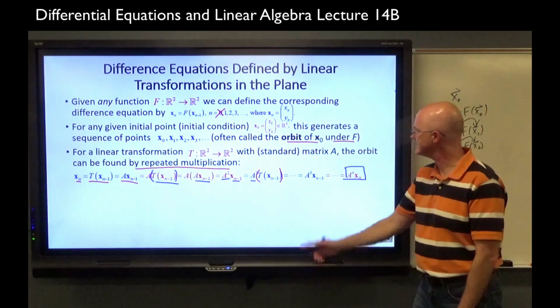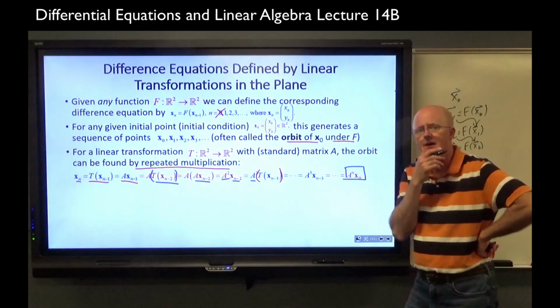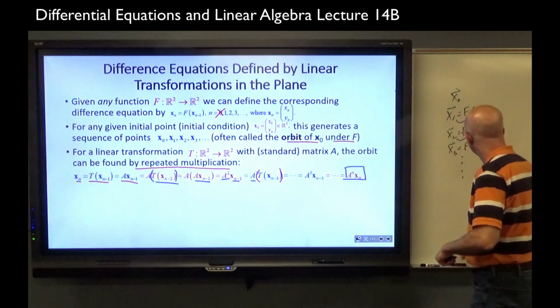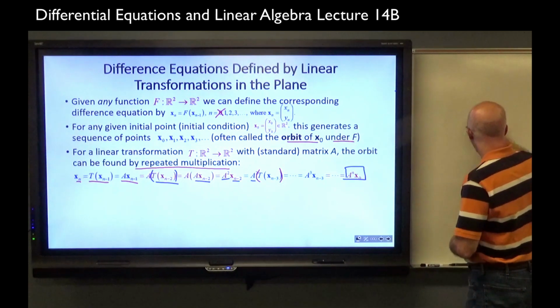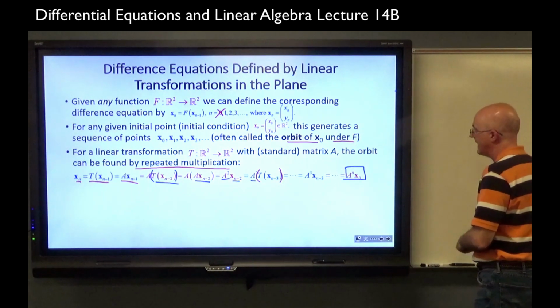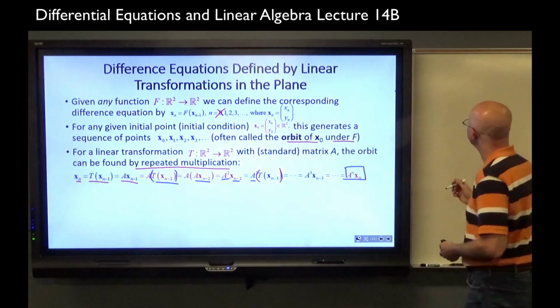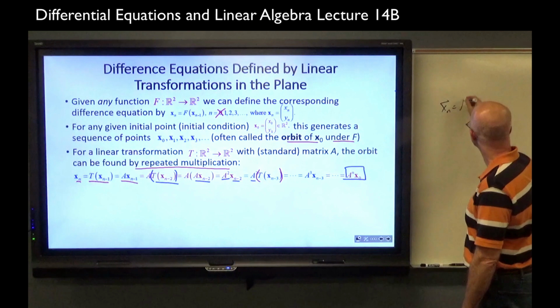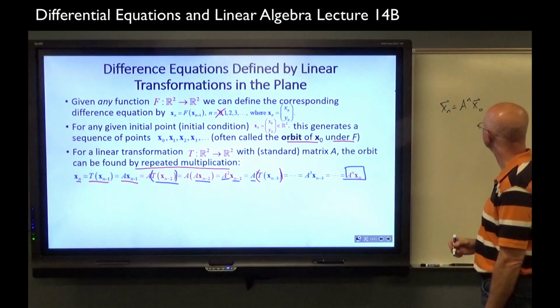In other words, this is a solution of the difference equation: A to the n power times x_0. So x_n is A to the n power times x_0. This solves the difference equation.